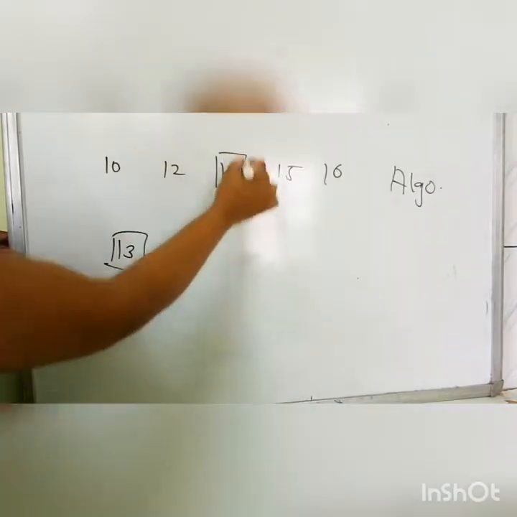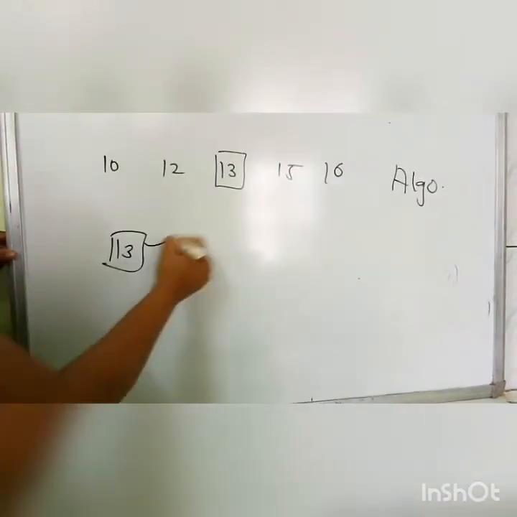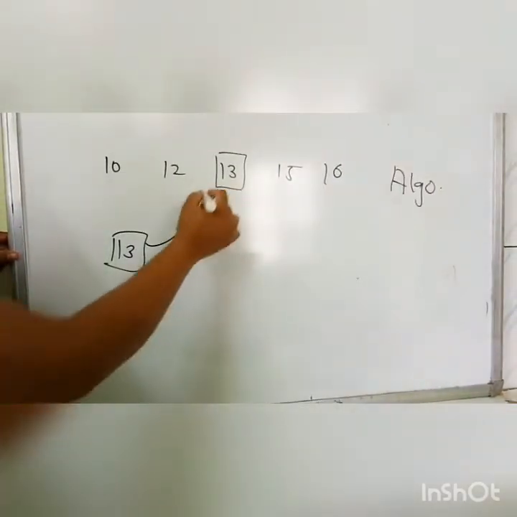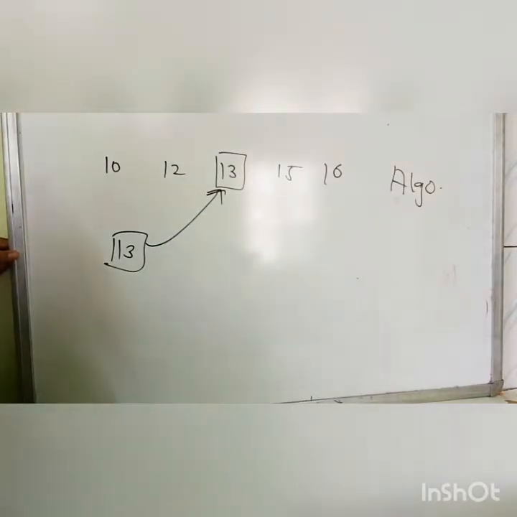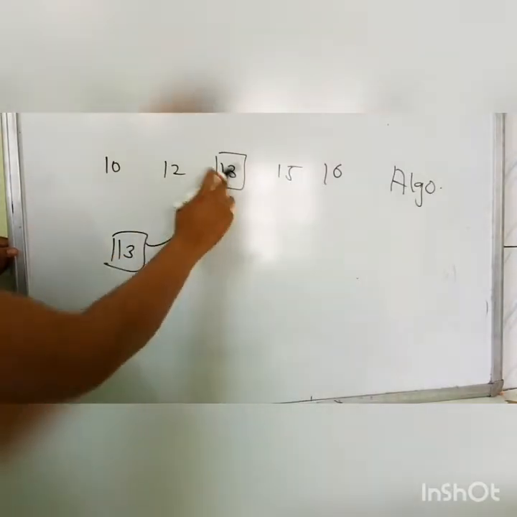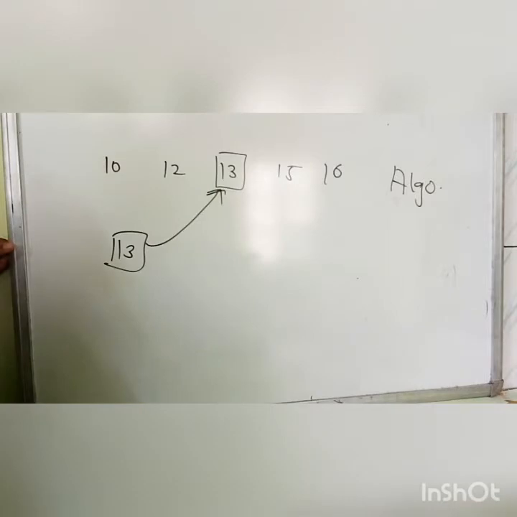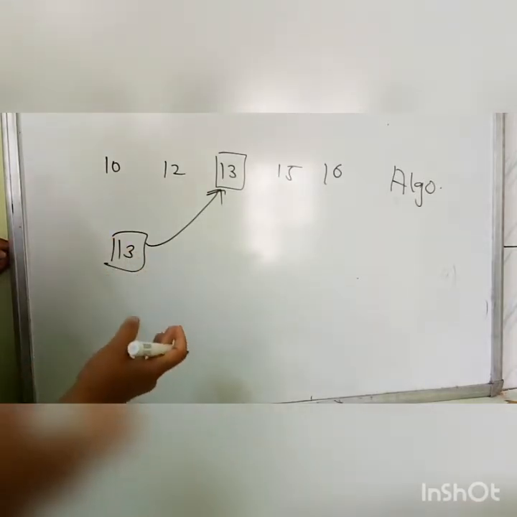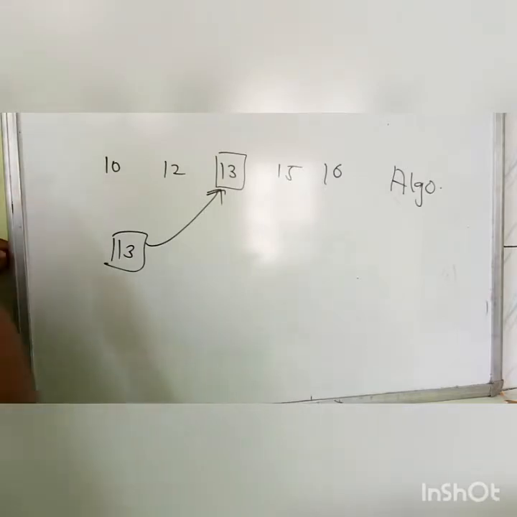Means 13 is the middlemost element. Now it will compare our searching element to the middlemost element. If both the searching and middlemost elements are the same, then it gives us the success message, means the number is found, and returns the position of this element.